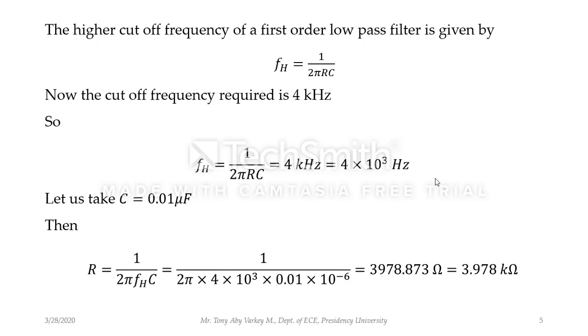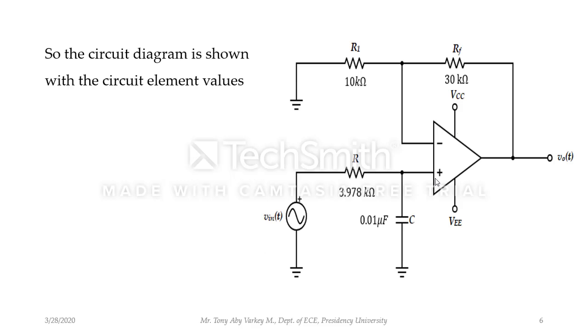Again it depends on what capacitors you have. I would suggest you take 0.1, 0.01 like that. Then R can be calculated using the cutoff frequency formula. R equals 1 by 2 pi FH C. You will get it as 3978.873 ohms, which is equal to 3.978 kilo ohm.